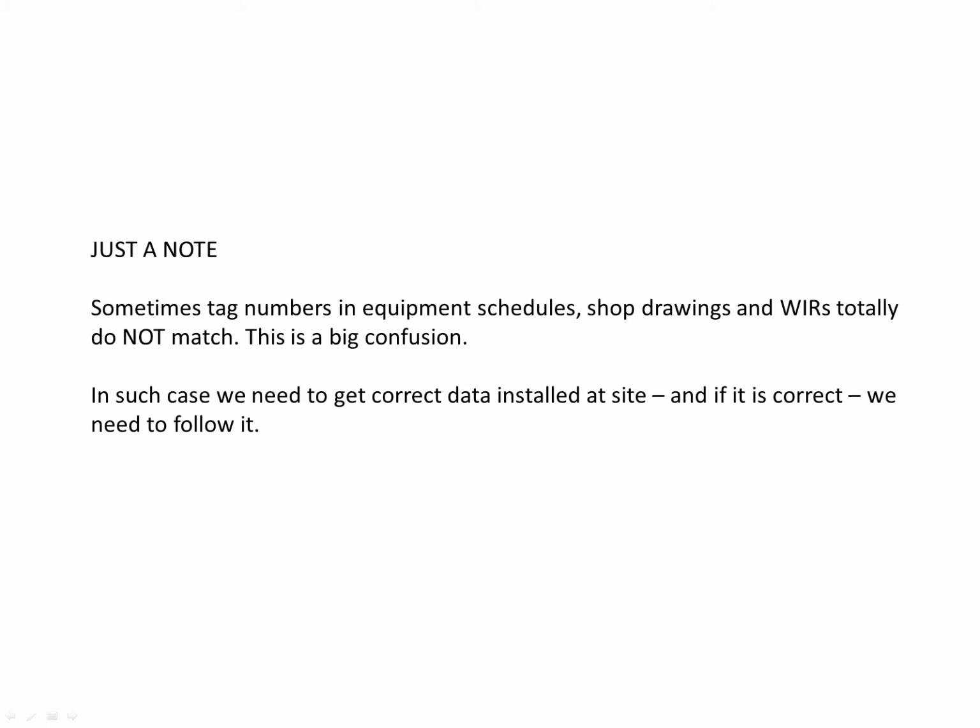I don't know if this is understandable or not. Again, suppose there is equipment installed at site with a different tag number from the shop drawing or engineering documents. If you still follow engineering documents, it's wrong, because at site they installed it with a different tag number. So we have to follow whatever they installed at site.